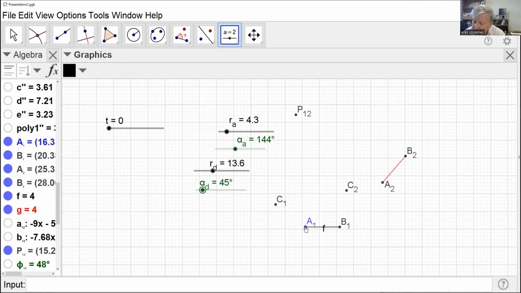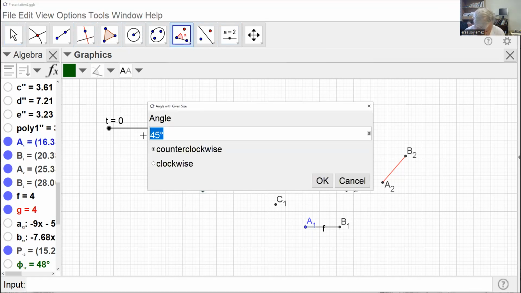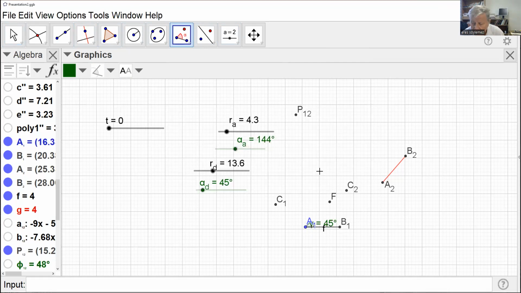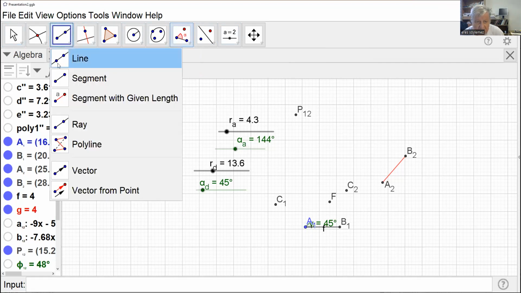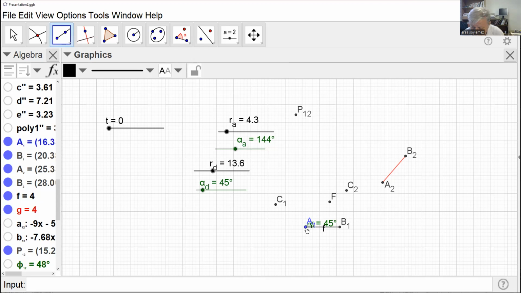Repeat the same thing from A1. Measure. Can I use B1 for this as a reference? Yes, it doesn't make any difference. Alpha dash D. Again, draw your ray. Hide this. Hide the object.